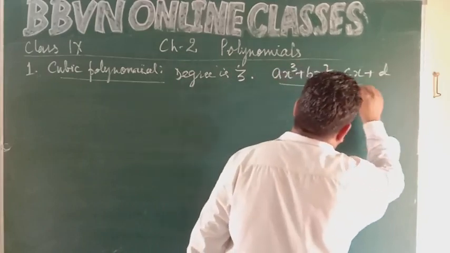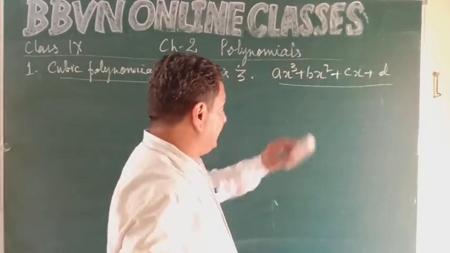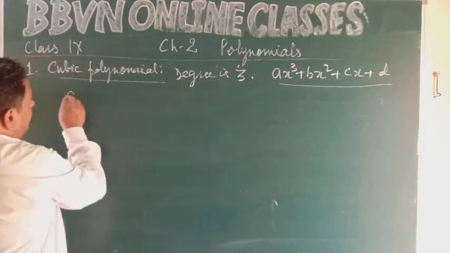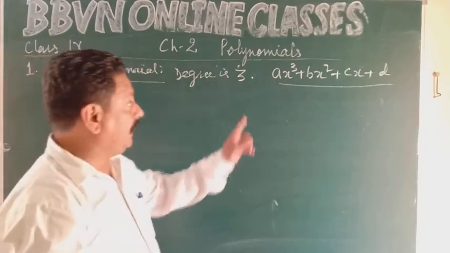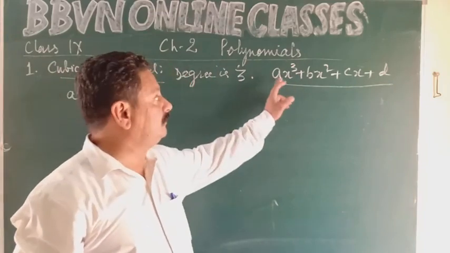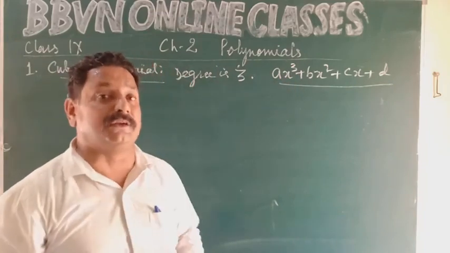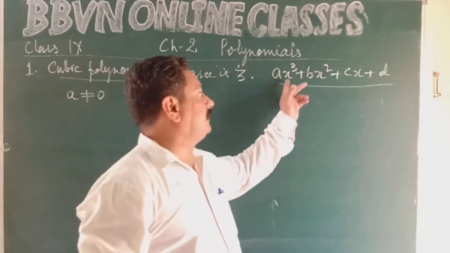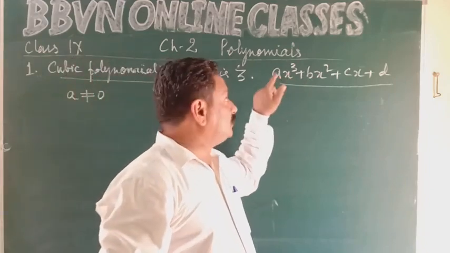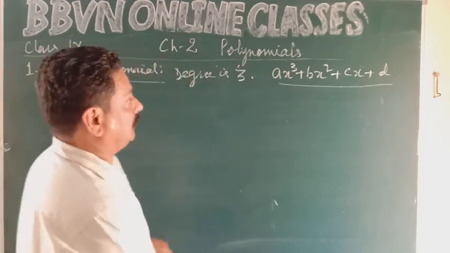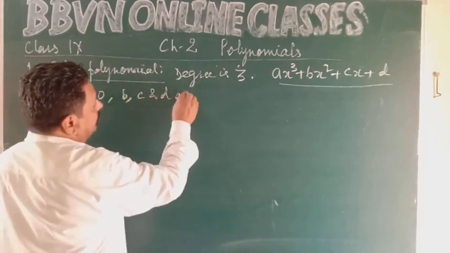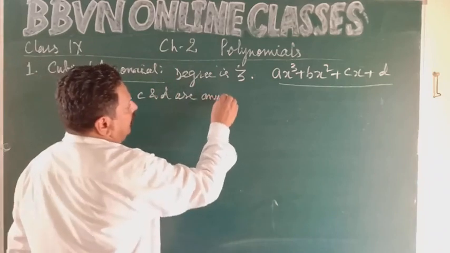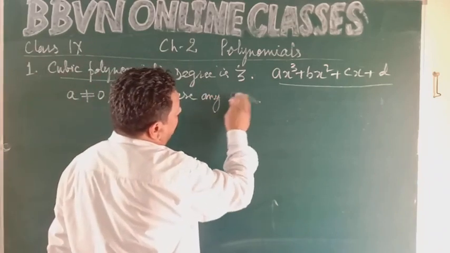So there are maximum 4 terms, and a necessary condition is here a is not equal to 0. If a is 0, you will not have a term. 0 multiplied by x cube will become 0. You will not have the term that contains x cube. So this a has to be non-zero. Otherwise, b, c and d are any real numbers, any constant quantities.